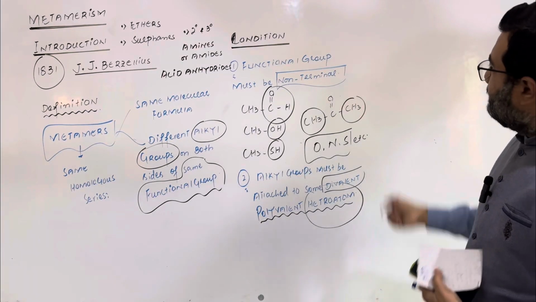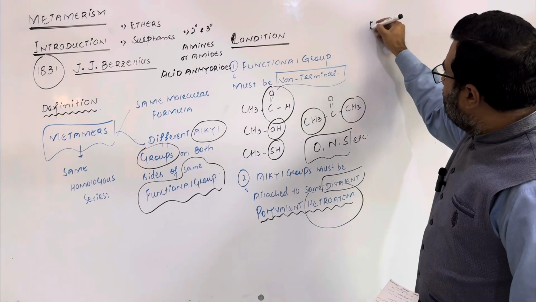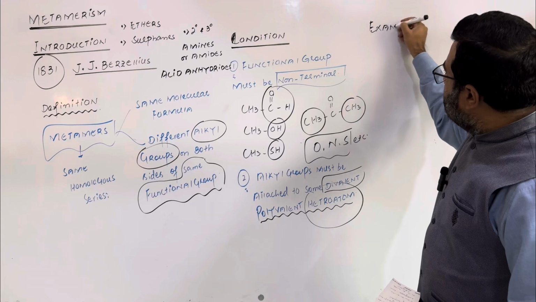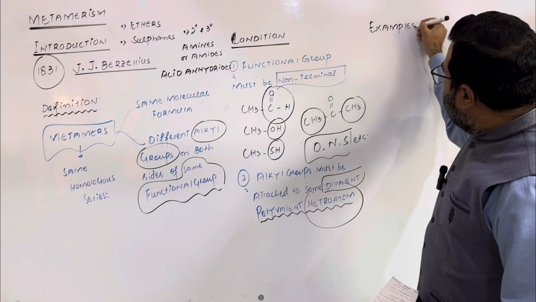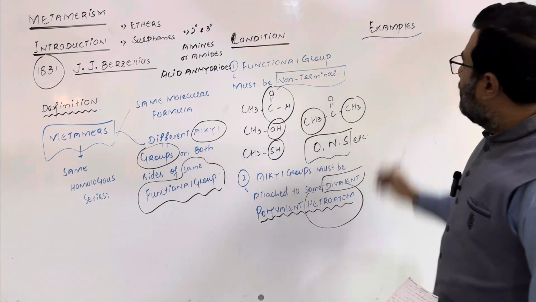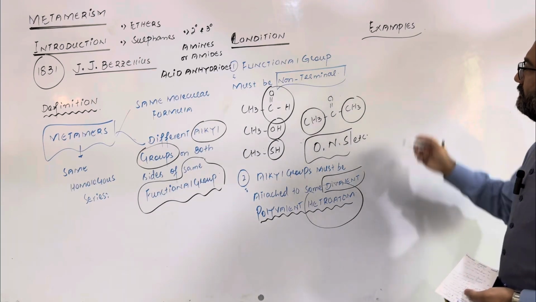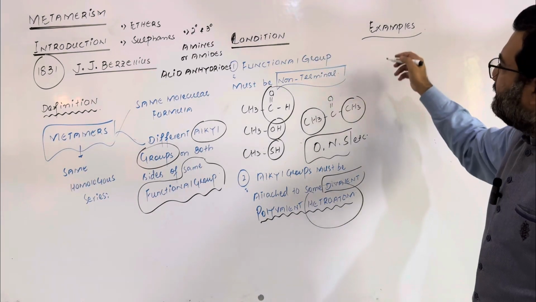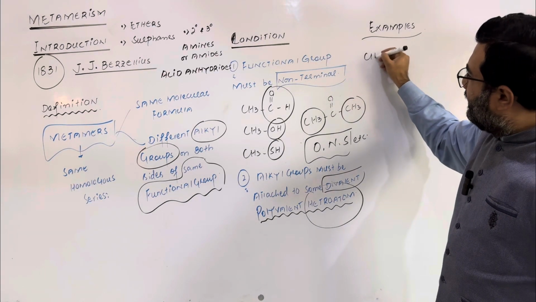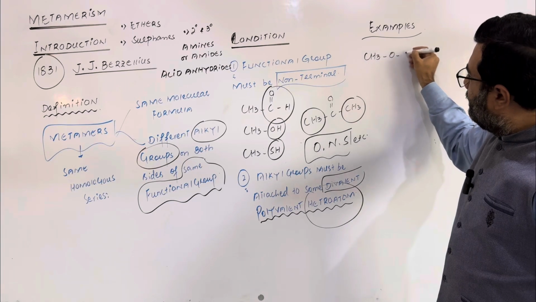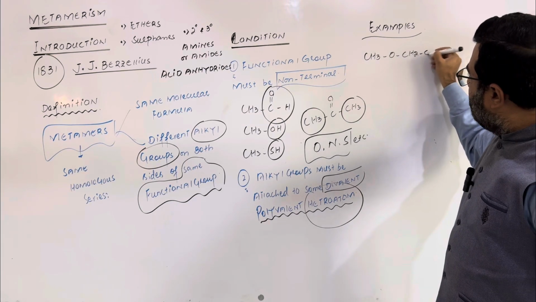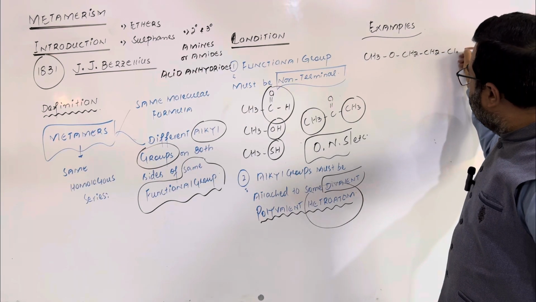Now let us take some examples of the metamers. The first one, from the class of ethers, is methyl propyl ether.